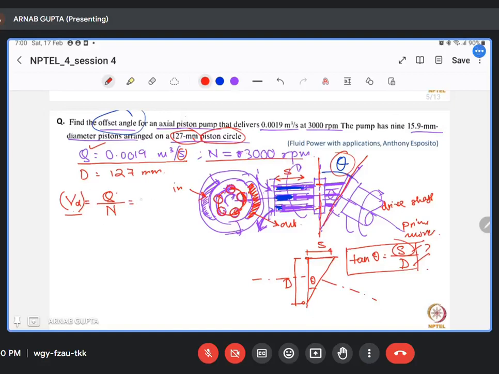So that is 0.0019. Again, we have to be careful about the units here. This is meter cube per second, so you have to convert the 3000 into seconds. Let's keep it like this. It will be meter cube, not mm cube, meter cube. Next, what do we need to do?